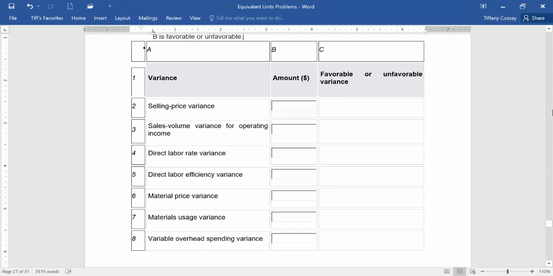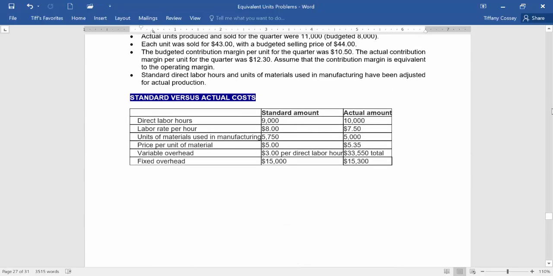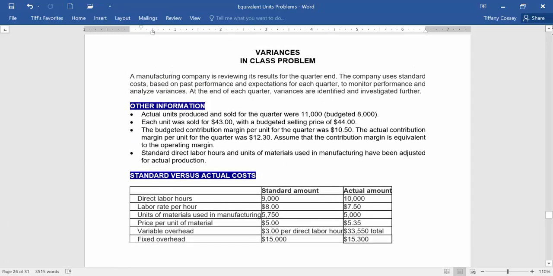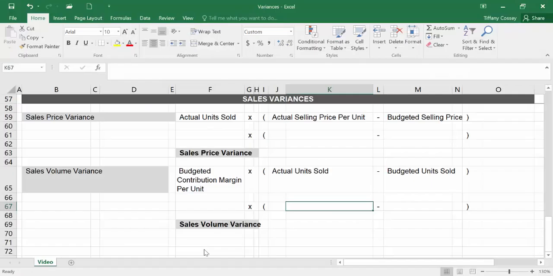Okay, let's go back up and take a look at the information so that we can correctly calculate our selling variances here. If you've watched the video, then you already know how we set up the calculation for the selling variances. And I have those here on a spreadsheet.